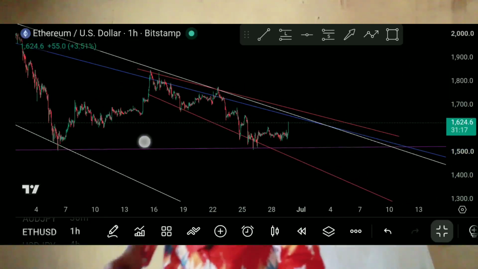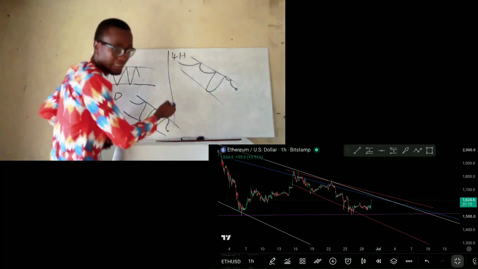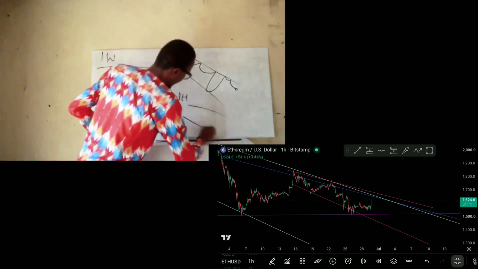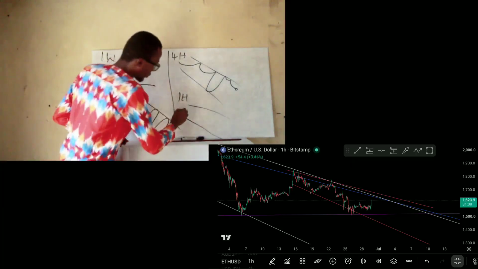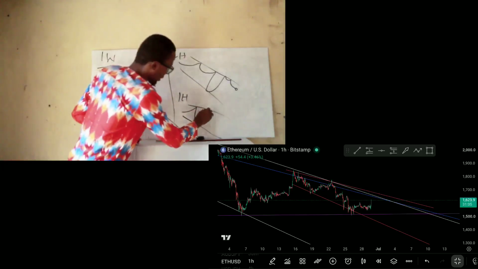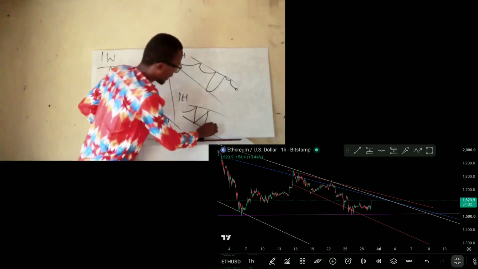It's currently facing down like this. So it has gone up and it has come down. It has gone up again. It has come down and currently it's going up.